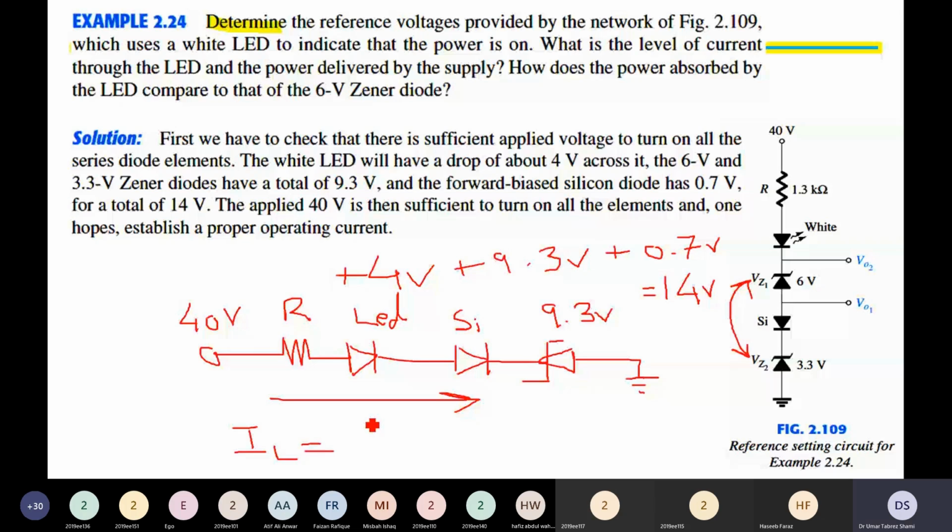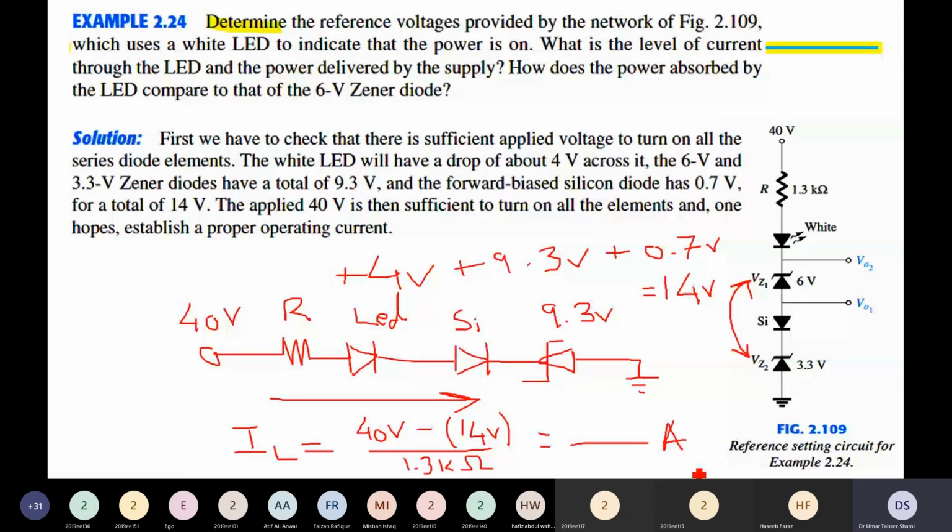That is the voltage drop of the LED plus the voltage drop of the silicon diode plus the voltage drop of the 9.3 volt Zener, which is 14, all divided by 1.3 kilo ohms of the resistance R, and this will give us the required amount of current in amperes.